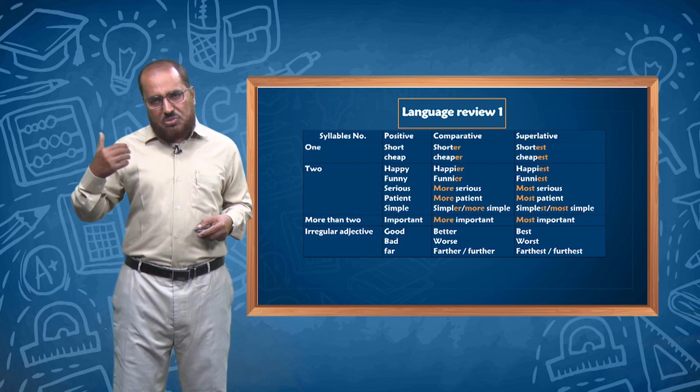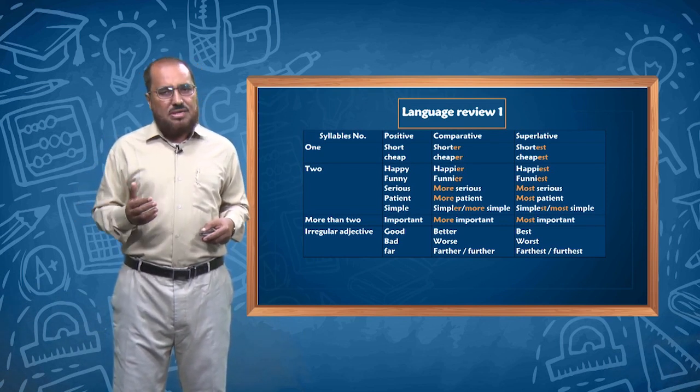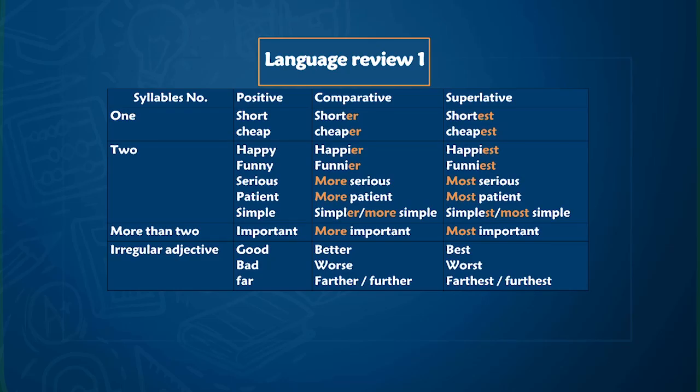More than two syllables. For adjectives that have more than two syllables, we usually add more at the beginning for comparative, or most at the beginning for superlative. For example, important: more important, most important for superlative. And there are irregular adjectives.